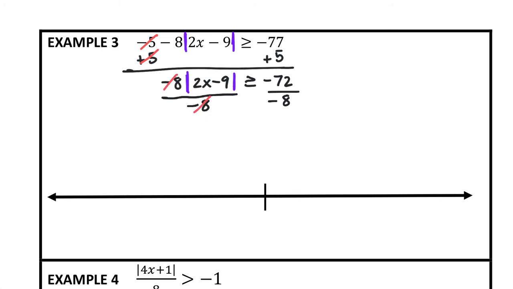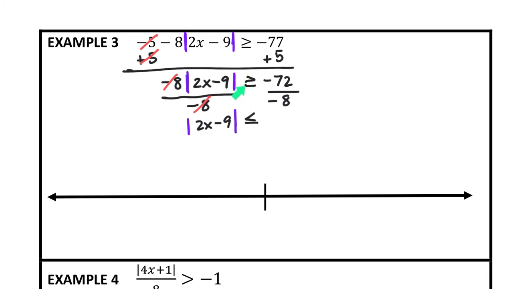And there's something else that happens. I'll explain right now. It's 2x minus 9, absolute value. There's something that happens when you divide a negative number with an inequality. It switches the direction of the inequality. So it'll change from greater than to less than.